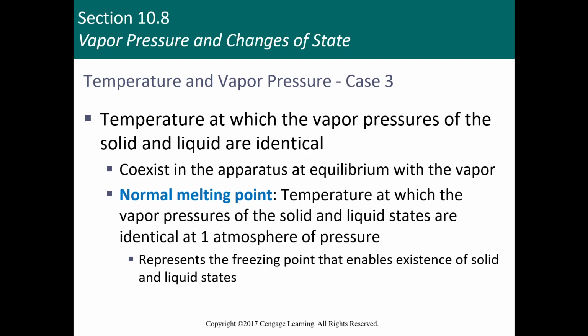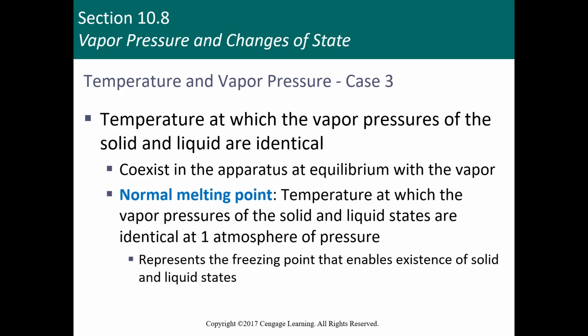In fact, melting point is where both your liquid would freeze or your solid would melt, right? So this represents the freezing point that enables the existence of solid and liquid states at the same time. If you shift one direction away from that freezing point versus the other, that will determine whether you get solid or liquid at the end.